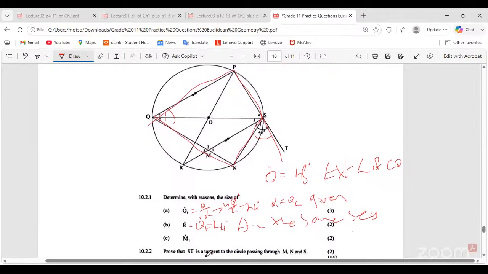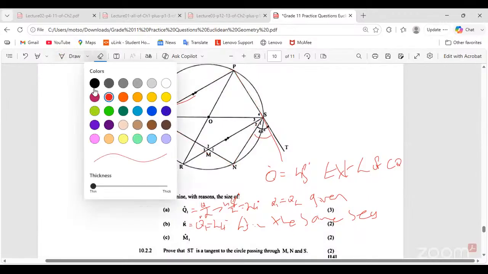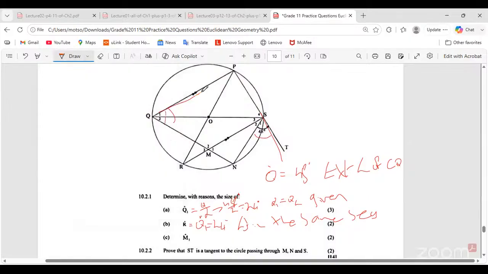Now let us go for the next one. We are required to find the size of angle M1. Where is M1? This is M1 here. What are we going to do in order to find M1? Now, we were given that this line is parallel to this line.